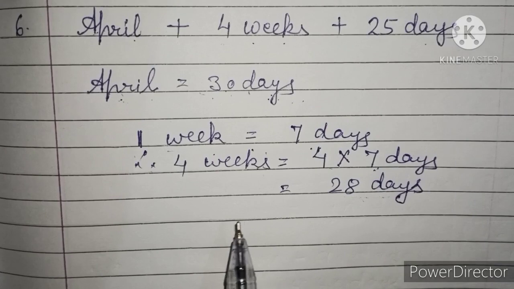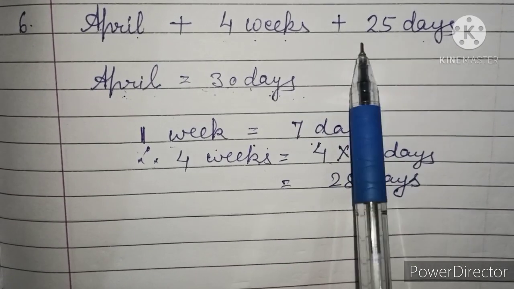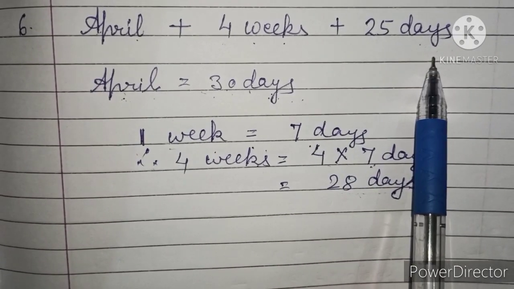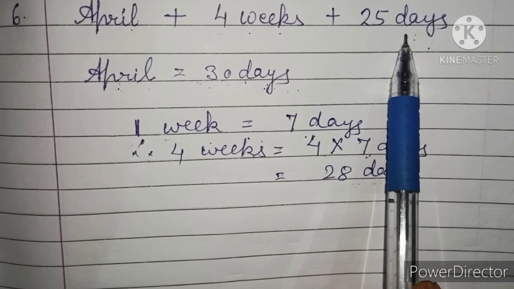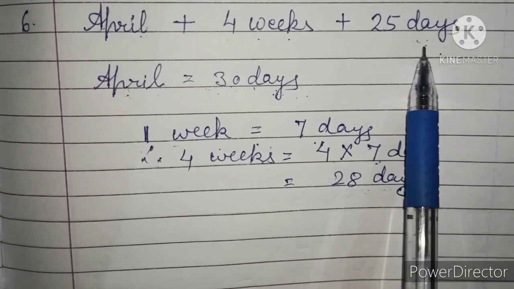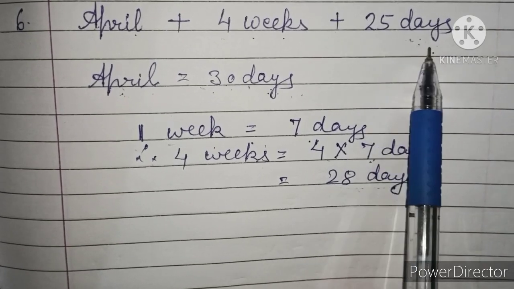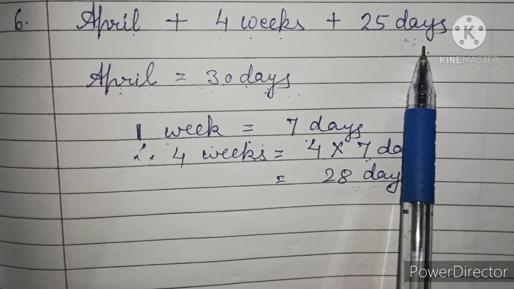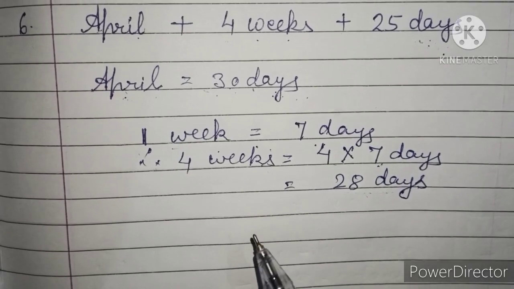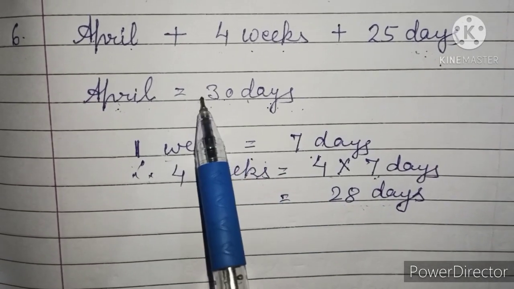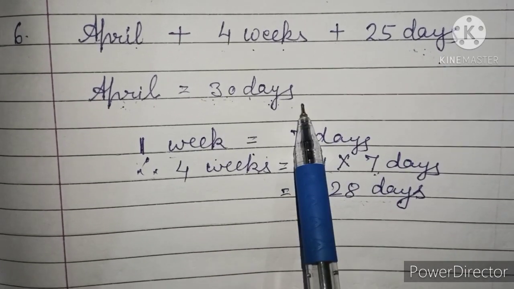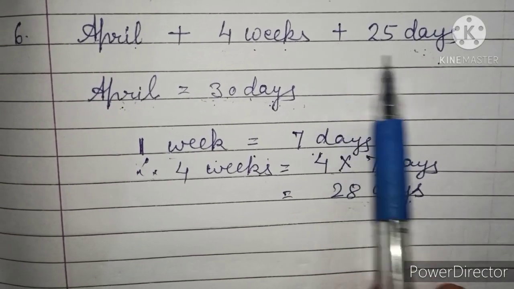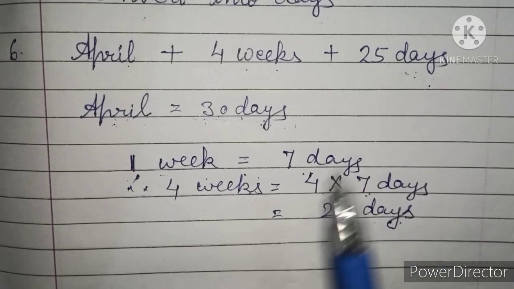Now you can see it is written 25 days. 25 days convert into days, but it has already converted into days. So children, we will add 3 values: April is equal to 30 days, 28 days and 25 days, together by writing.